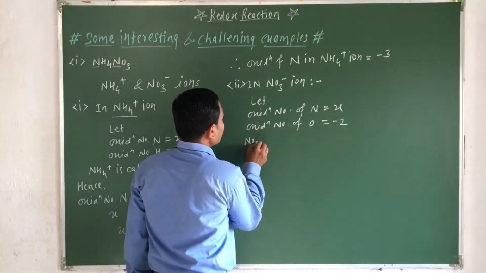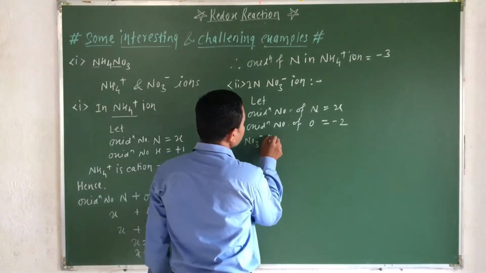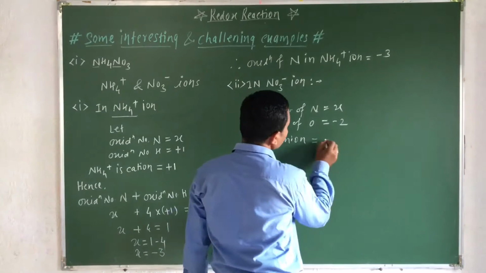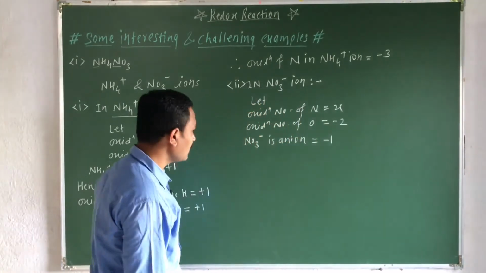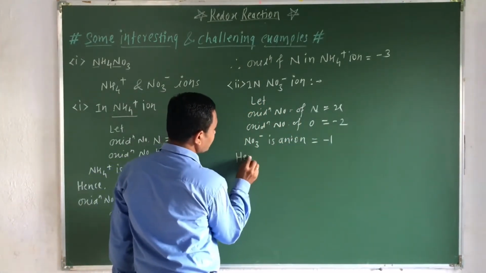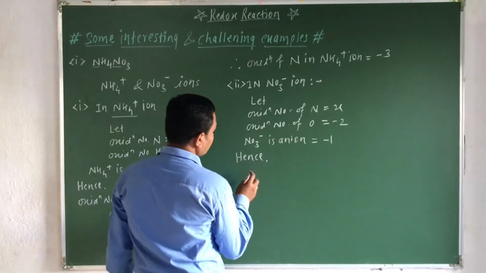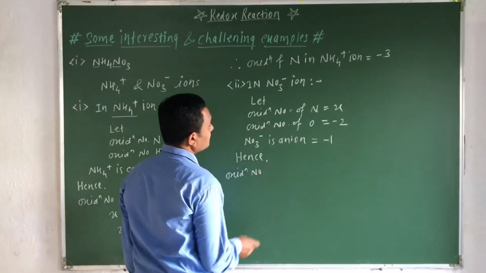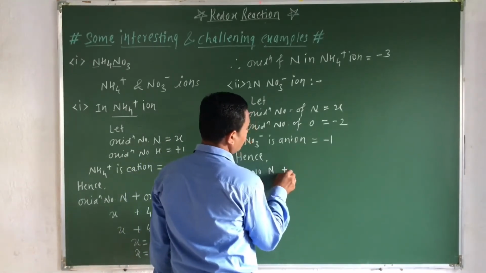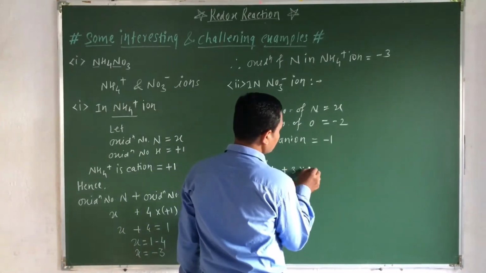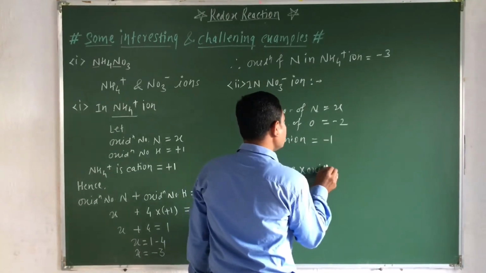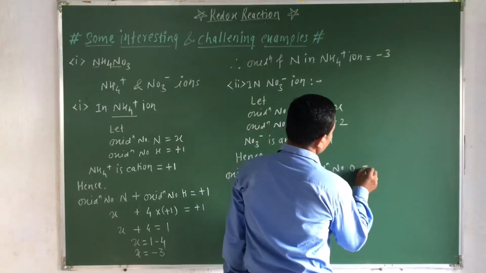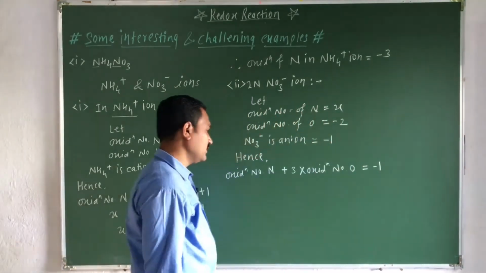We know that NO3 minus is an anion and its oxidation number equals the charge on it, that is minus 1, and hence we can write oxidation number of nitrogen plus 3 into the oxidation number of oxygen equals minus 1.